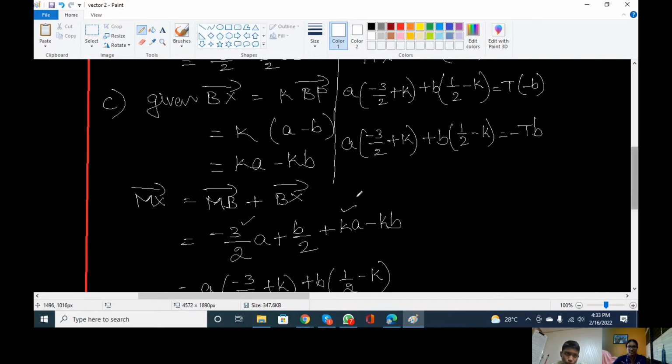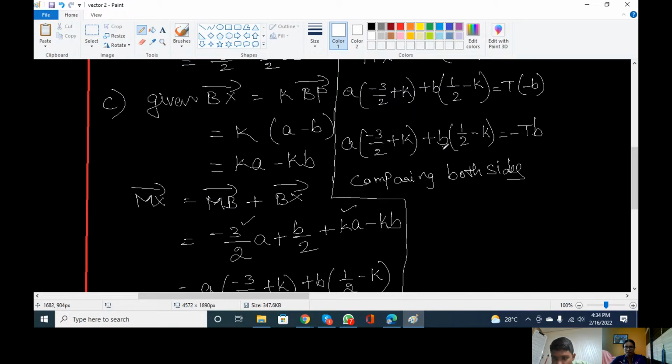Comparing both sides, here we have a and b.